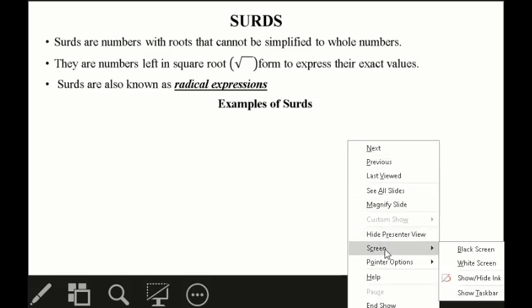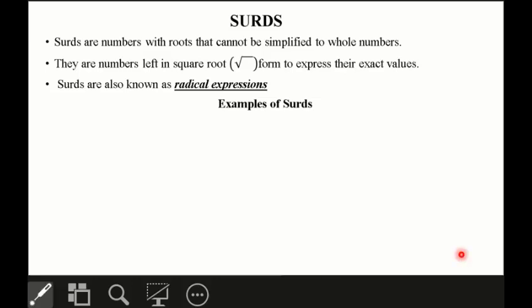So let's look at some examples of sets. We have the root of 2, the root of 3, the root of 5, the root of 6, the root of 7, the root of 8, the root of 10, and so on. All these are examples of what?